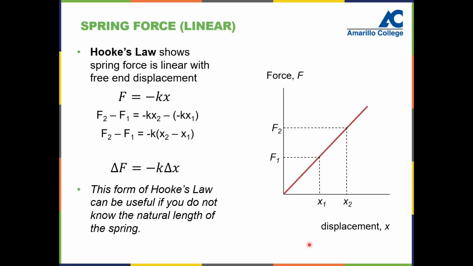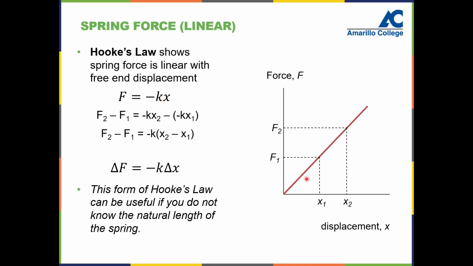Sometimes we may be given a problem in which we do not know the natural length of the spring. So for instance here, this is what I want to make sure that everyone understands. If we look at this second form of Hooke's law, the force that the spring applies is linear with respect to that change in length, or that free end displacement.